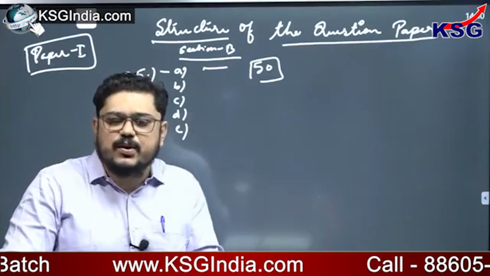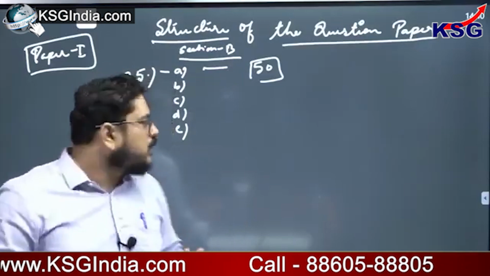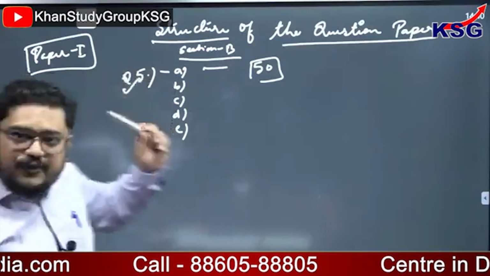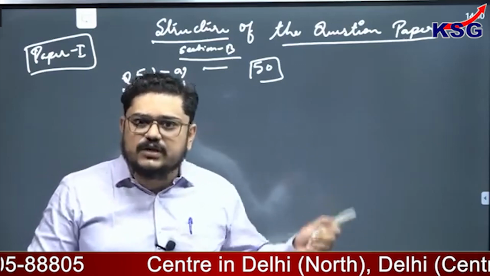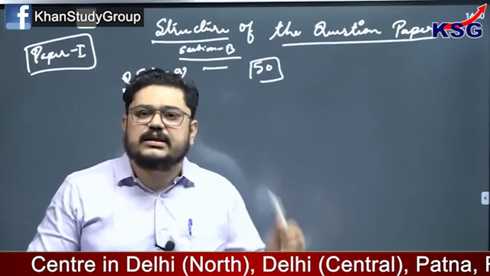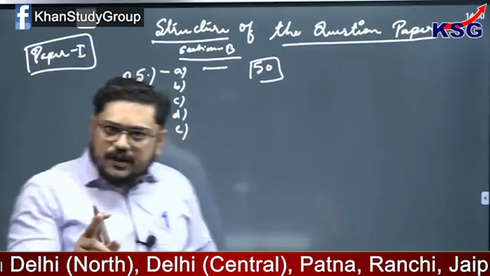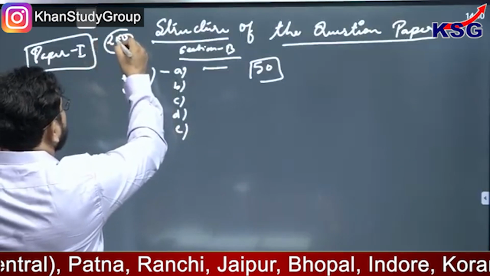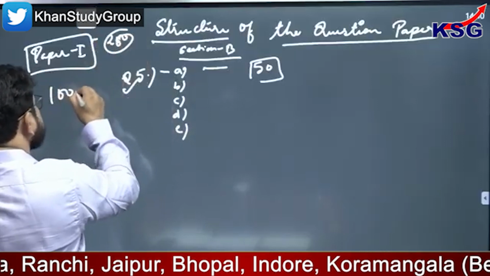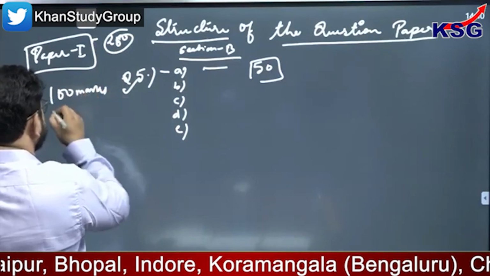It is a compulsory question. All of us have to attempt it. Therefore, the 50 marker in section A is compulsory and the 50 marker in section B is compulsory. Therefore, out of the 250 marks paper, 100 marks is compulsory.